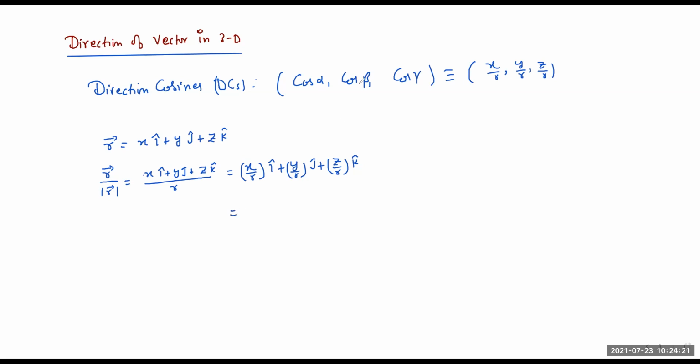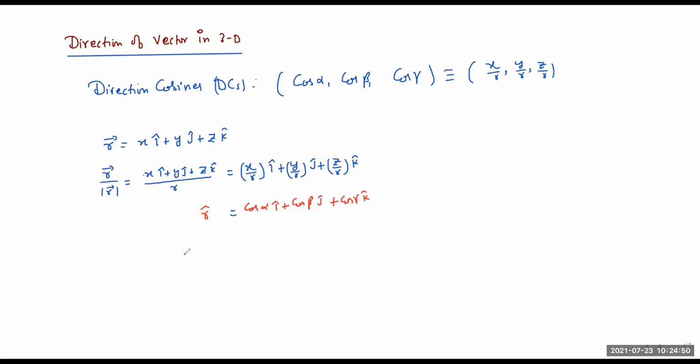Because this we can rewrite as cos alpha i cap, cos beta j cap, cos gamma k cap, by definition. And what is on the left? We have r cap, the r hat, if you remember the unit vector definition. The moment you divide a vector by its own magnitude, it becomes a unit vector.